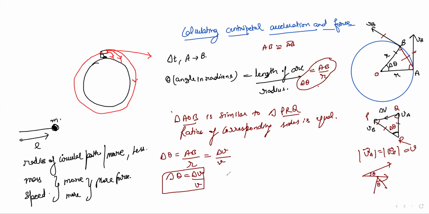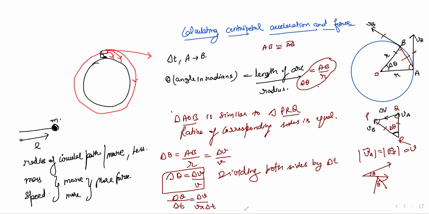Fine. Delta theta equals delta V by V. Now we will divide both sides by delta T. Dividing both sides by delta T, we get delta theta divided by delta T equals delta V divided by V and then delta T. Now, what is delta theta by delta T?